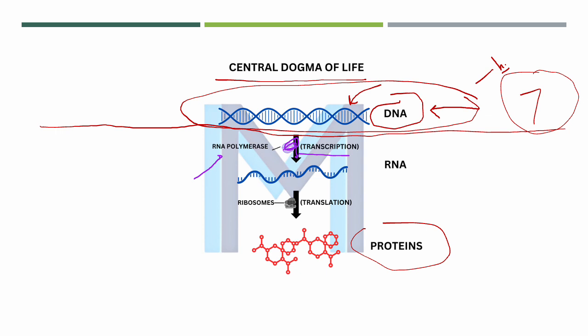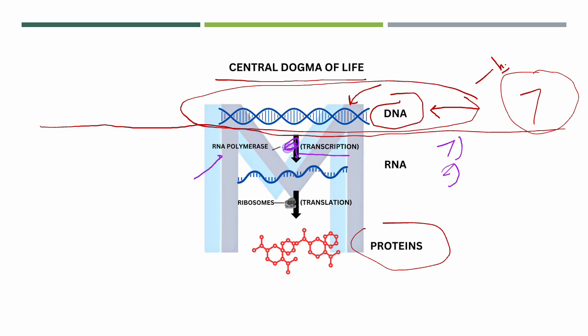Now, this marks the initiation phase, right? Phase 1, initiation. Now, after that, we had step 2, which was elongation. So RNA polymerase moves along the DNA, adding complementary RNA nucleotides.